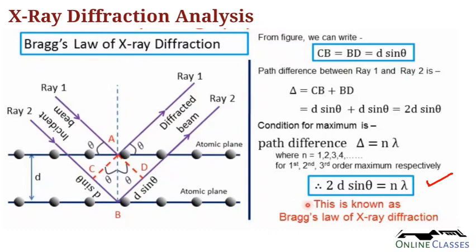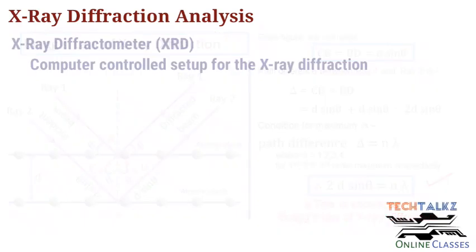This relation gives the condition for the maxima. Using this relation, we can find out small d, the distance between the atomic planes. Therefore, we can identify the crystal structure of the samples.